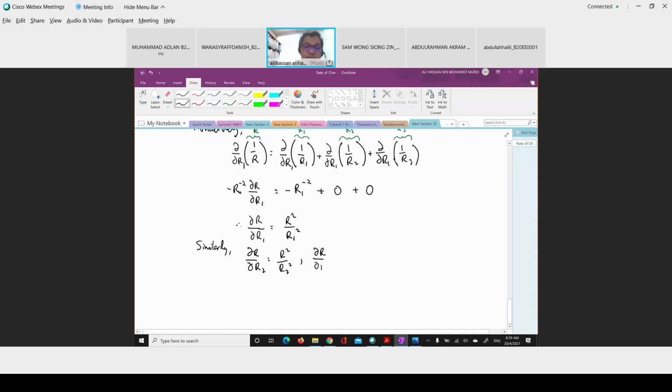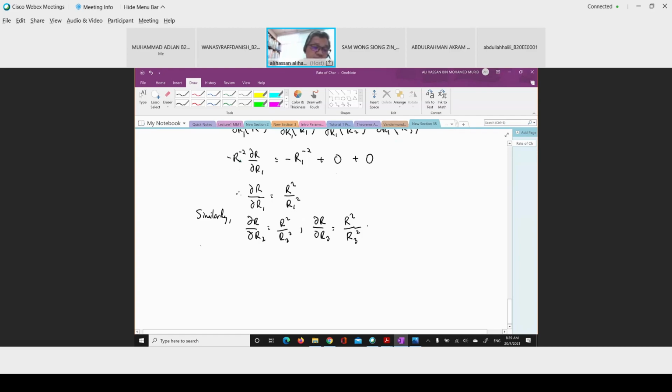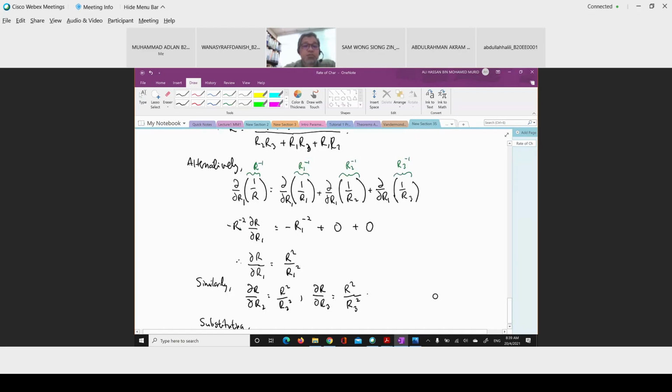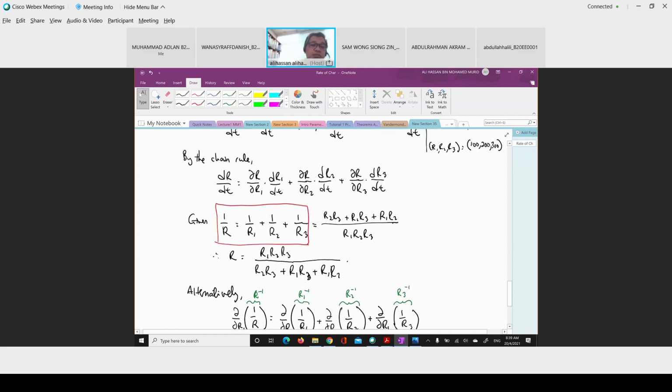And partial R partial R3 is also R squared over R3 squared. So now substituting all these results into the chain rule formula here.